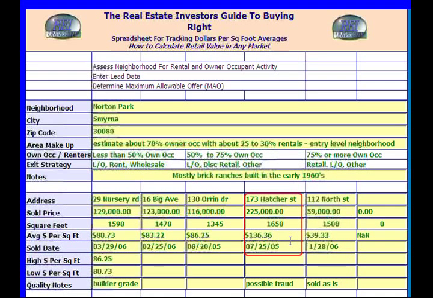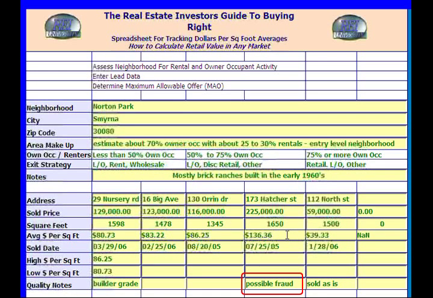And so I've put a note down here at the bottom of my sheet that notes that this may be a possible fraud, because anytime you see something that's abnormally high relative to the rest of a neighborhood in your sales data, it could in fact have been a fraudulent deal, and it'll still show up in the sales record as a recorded sale. But you will have to take note of that when it looks abnormal like this, and either go check that property out and verify that it really is worth this much more money than anything else you've seen in the neighborhood, or you may want to just throw it out.